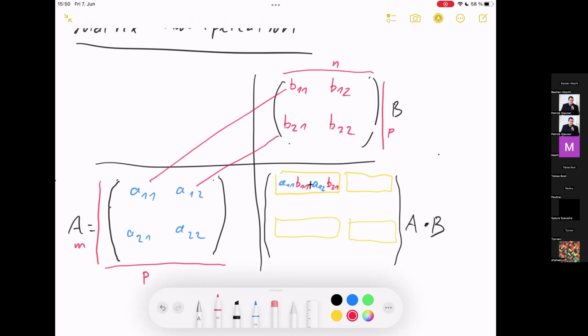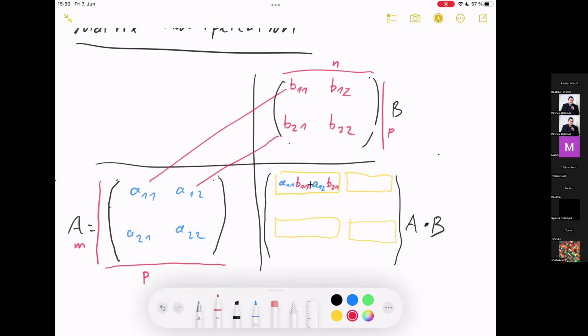So this P must be the same: P many columns in A and P many rows in B. That dimension needs to be the same for both so that we can actually multiply them, and then M and N are something we can vary.